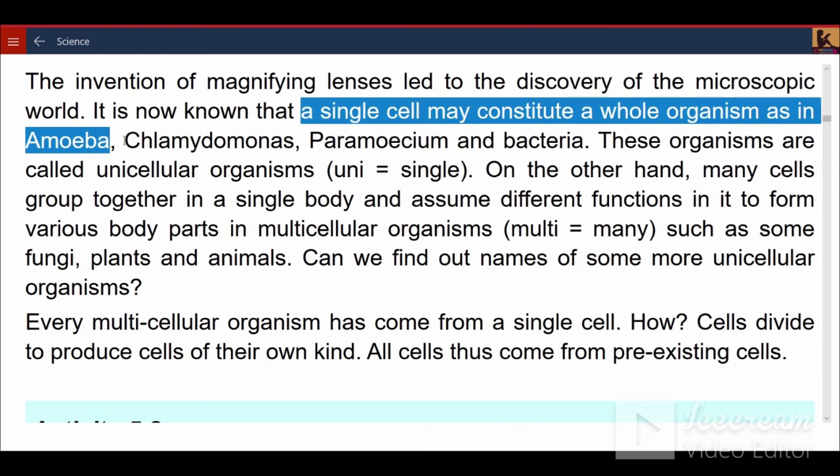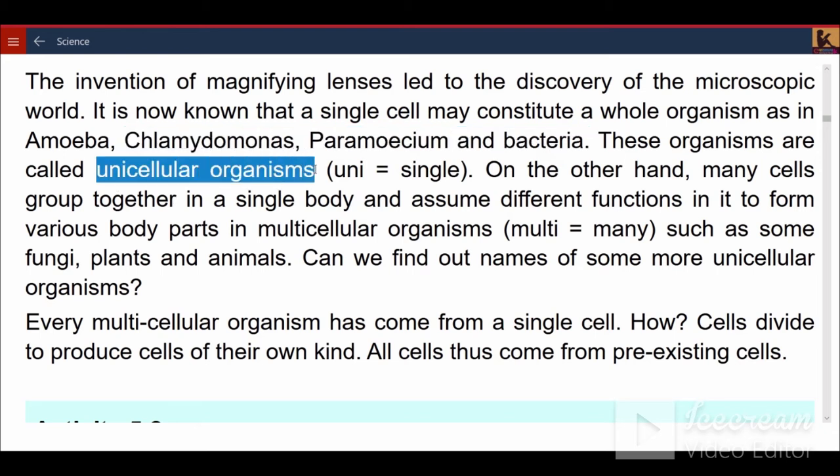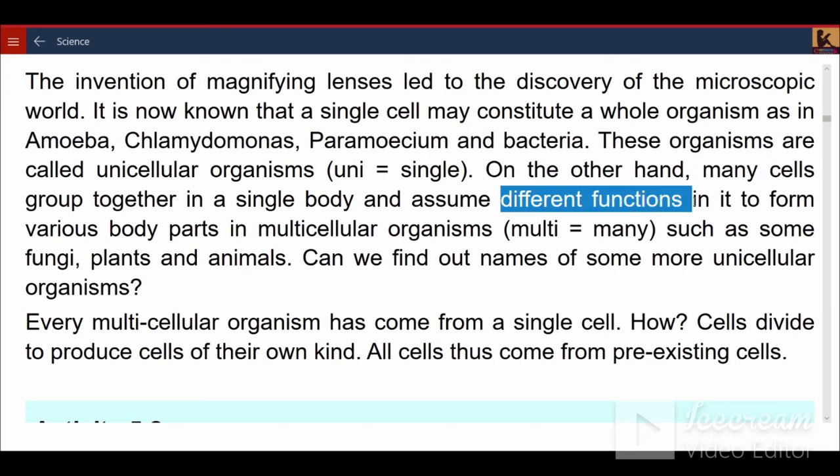Amoeba is a single-celled organism that performs all its activities through its body. The other three are Chlamydomonas, Paramecium, and bacteria. These organisms are called unicellular as they are made up of a single cell. Also, there are organisms with many cells and they function differently.